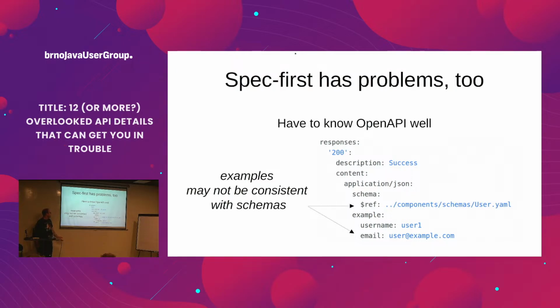On the other hand, it's not guaranteed that the examples are in sync with your schemas. So it can happen that you add some required field to your schema and you forget to adjust your examples, and that's not good.